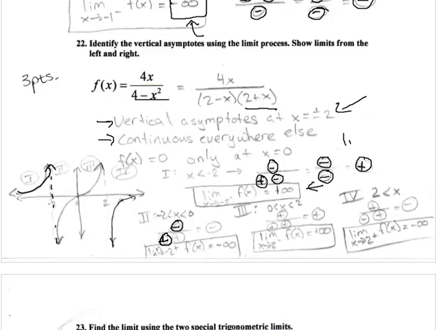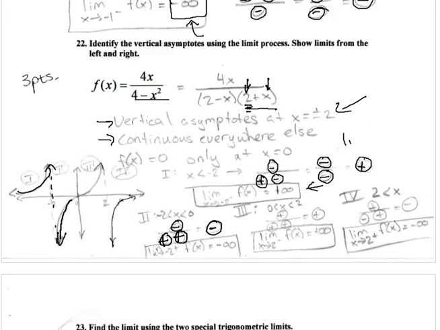So this quantity is going to be positive, because I'm taking 2 and I'm taking away a number which is less than 2. So this quantity is going to remain positive, right? So in that case, we get a negative over a positive times a positive, so it's a negative over a positive, which is negative. So the limit as x goes to negative 2 on the right is going to diverge downward.